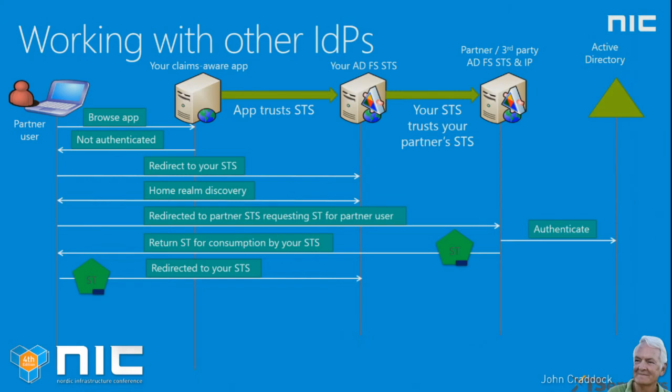Our security token service now accepts that as proof of authentication of the user. There may be some claims they want to use, and they process those claims further. They add their own claims and then produce a token which is to be consumed by the application. And so we send it back to the app. So these are the 2 main scenarios that you may be deploying ADFS for.